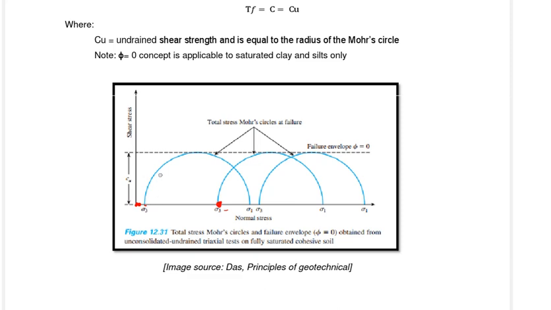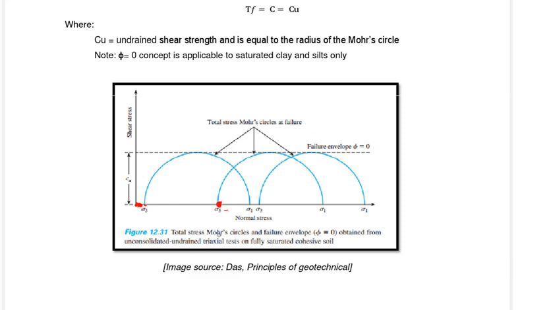So, don't mind our drawings for now. So first, our initial stress is 0 since no stress is on the specimen. And then, as we apply cell pressure, we will have sigma 3, our confining pressure.